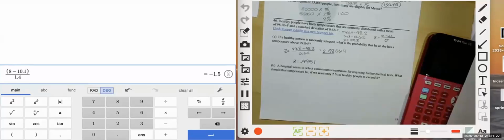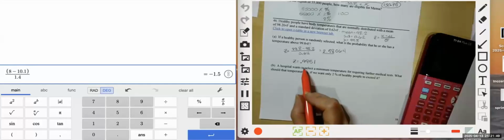Are we done? I think so. Should we make that a percentage? The probability? We can leave it like this. I didn't ask for the percentage, so what's the probability?